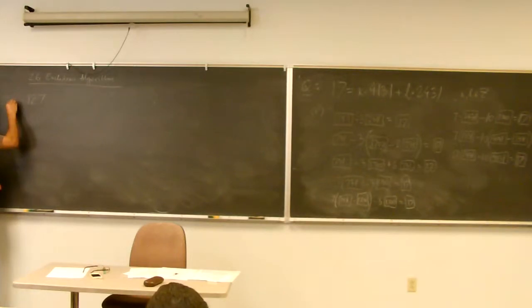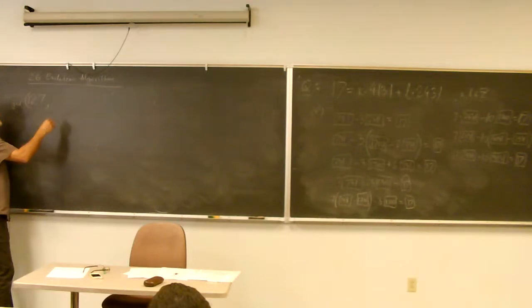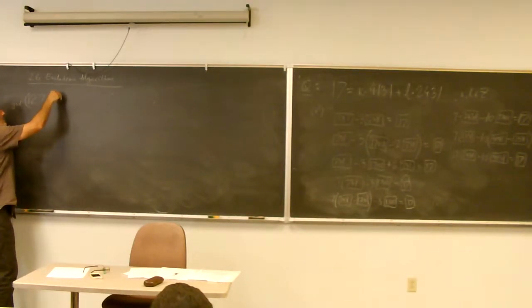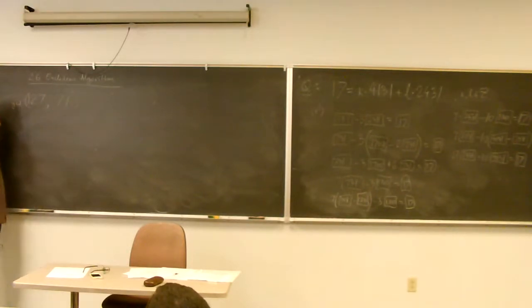And then I want the GCD of 127 and one bigger number. But how do I know ad hoc if it's prime? Let's say 71, just to be on the safe side.